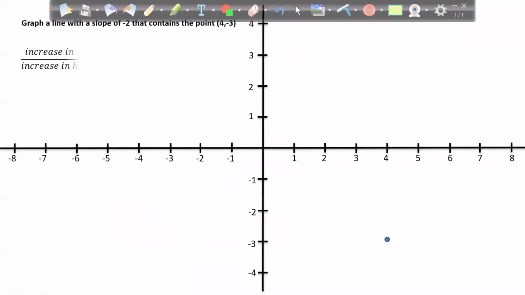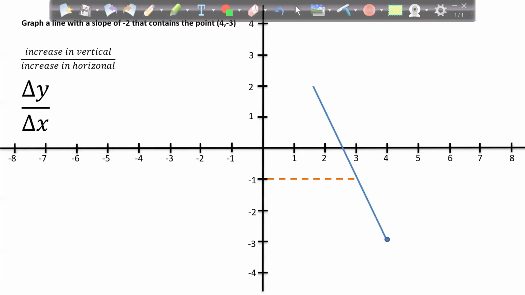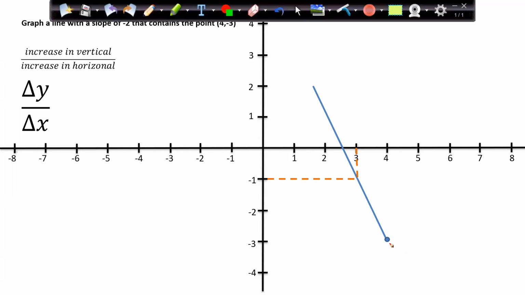Now here are some questions again. It says graph a line. I already graphed that, so no solution required now. But graph a line with a slope of -2 that contains the point (4, -3). So I have this point, and I want to graph a line which will have the slope of -2.